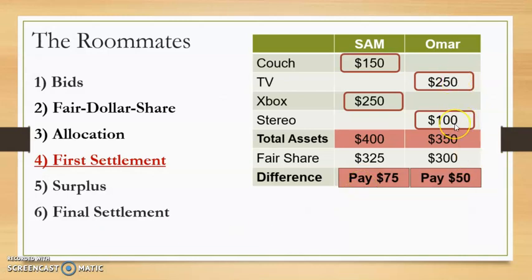Omar received the TV and the stereo, worth a total of $350. His fair share was $300, so he received assets worth more than his fair share, and therefore he is also going to pay $50.